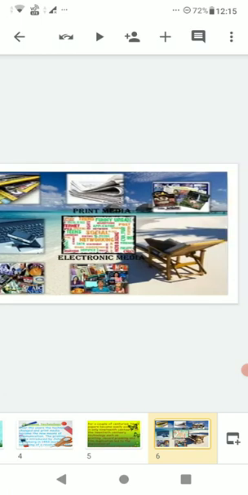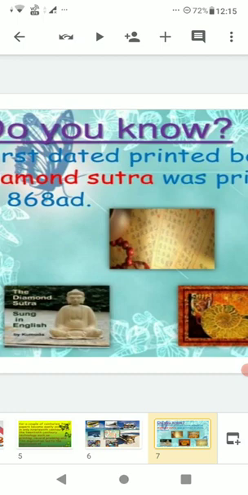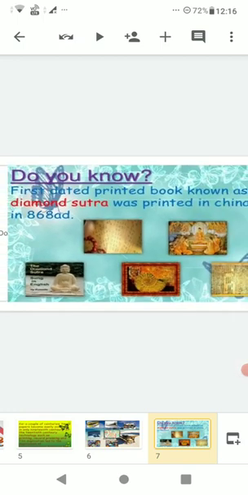Both are important. And do you know, students, the first dated printed book, known as the Diamond Sutra, was printed in China in 868 AD.